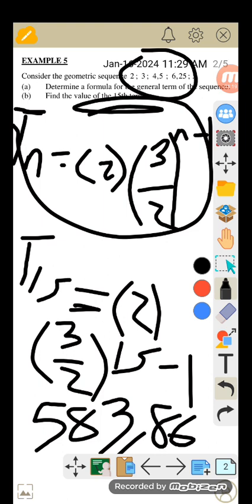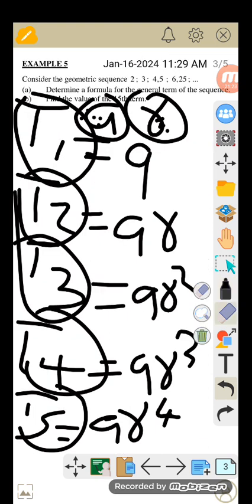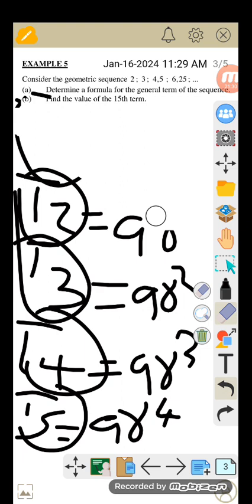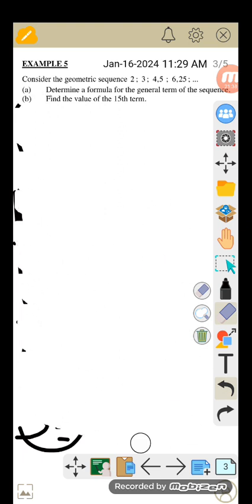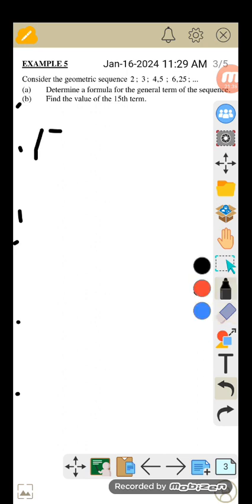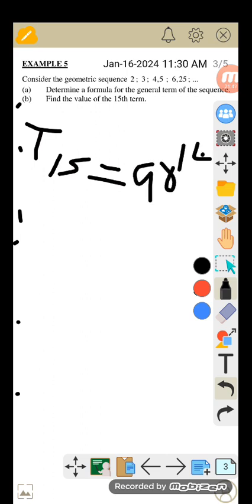So, another alternative method, you can just use this formula. Remember it. T15 equals a r to the 14.